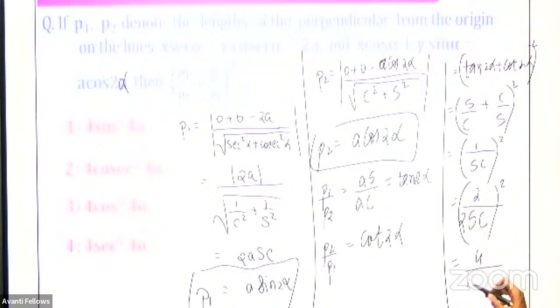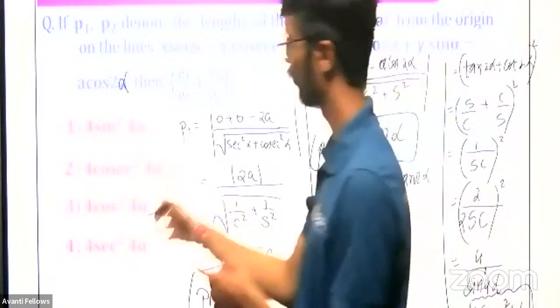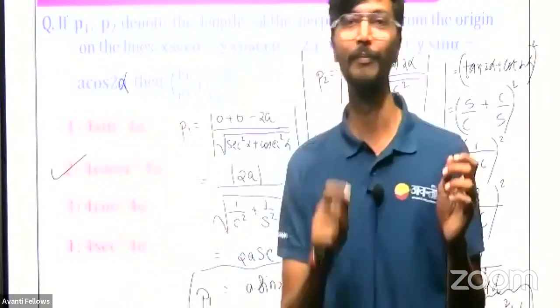It is sine 4 alpha, sine square 4 alpha. Here it is square, so I'll get 4 into cosec square 4 alpha as my answer. 4 into cosec square 4 alpha, that is my option number 2.